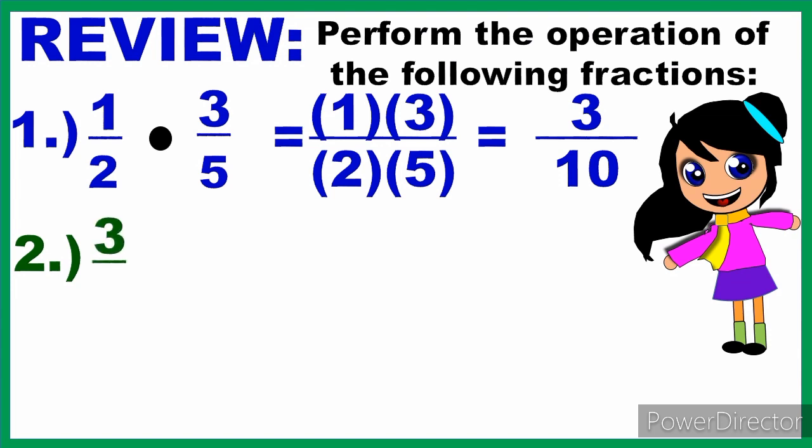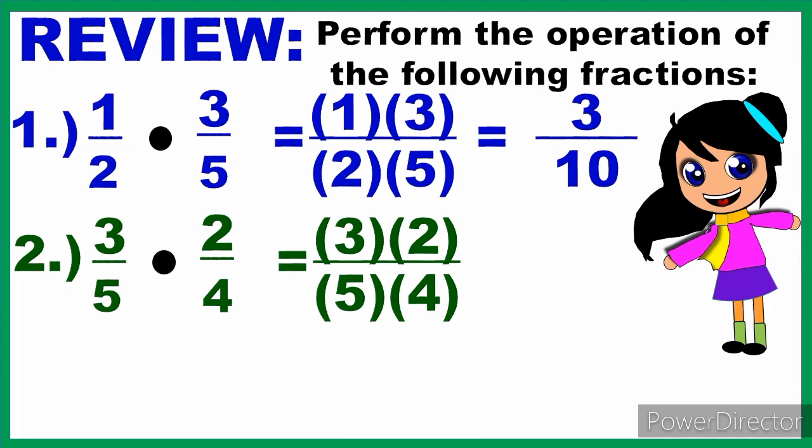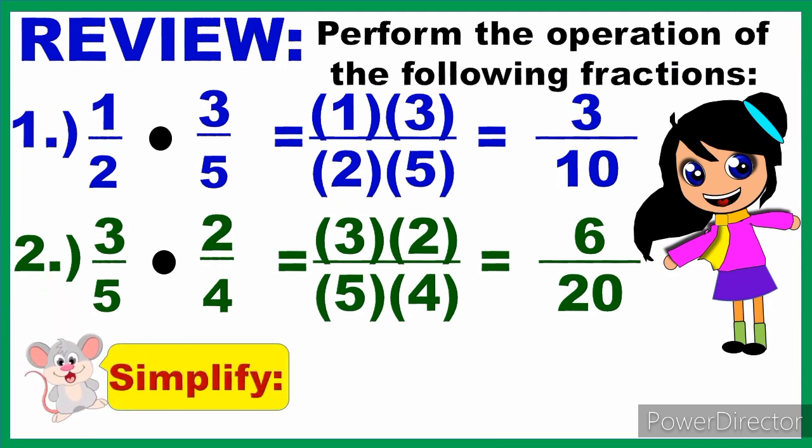Number 2, 3 over 5 times 2 over 4 equals, we multiply their numerator, so we have 3 times 2, and the denominator 5 times 4. Okay, equals 3 times 2 is 6. 5 times 4 is 20. Okay, now we have 6 over 20. Next we need to simplify since yung 6 at 20 ay may common factor na 2.